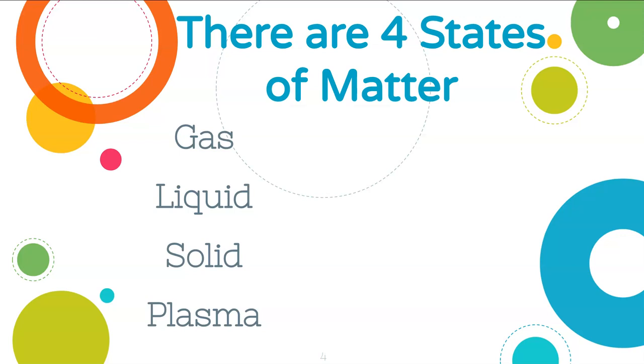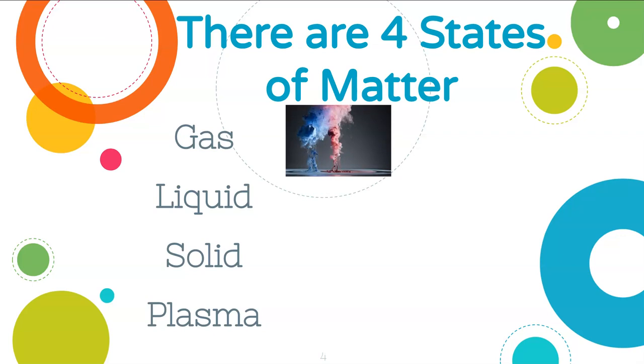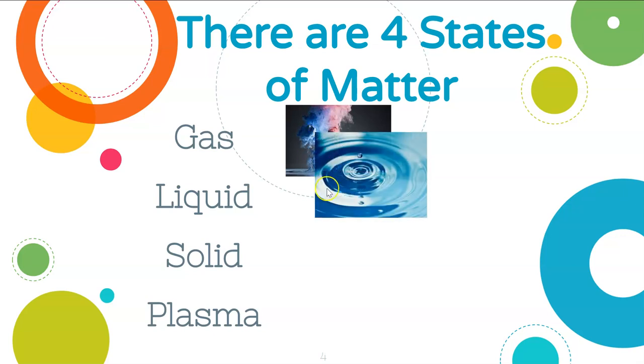Here you can see that a gas is some sort of vapor or some sort of free-flowing cloud within the atmosphere or within a structure. We also know that a liquid is something such as water.